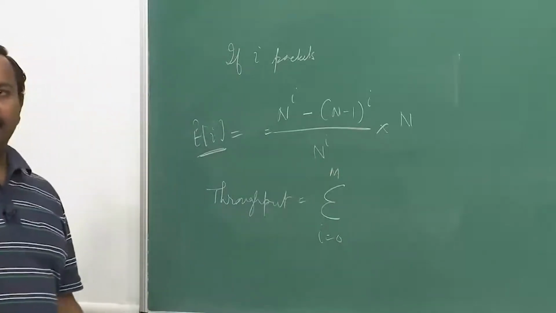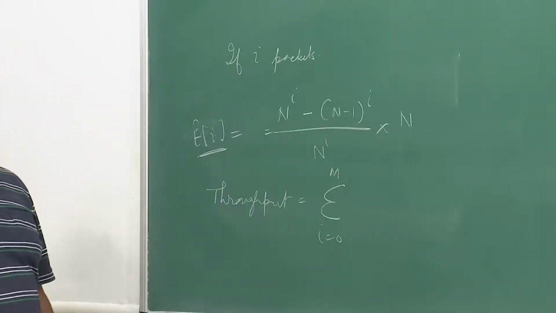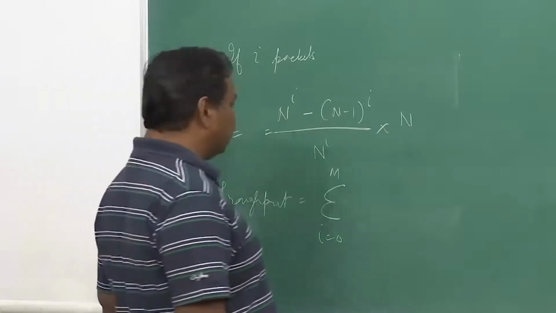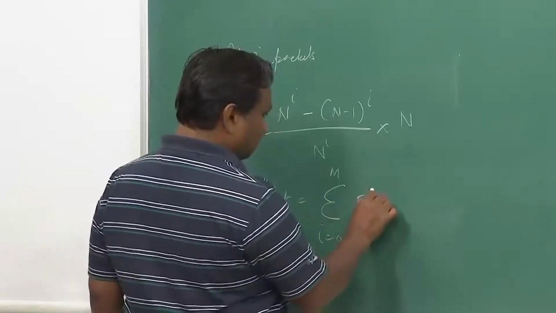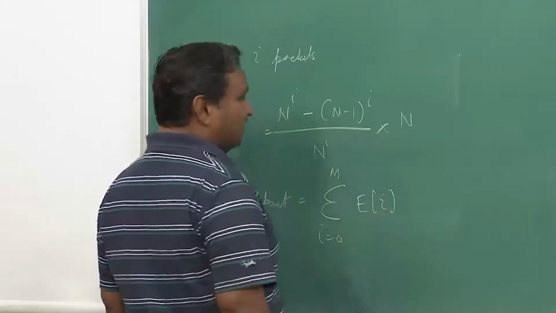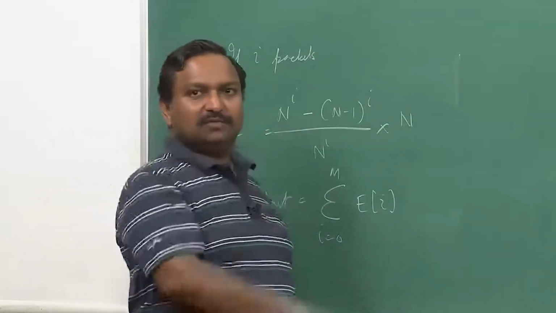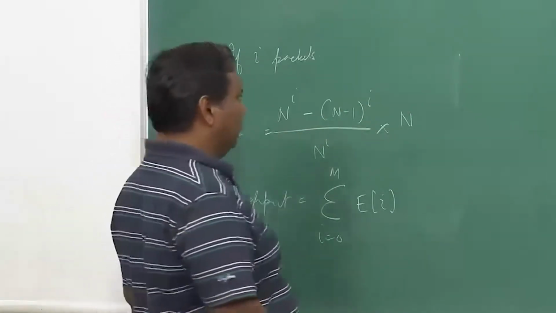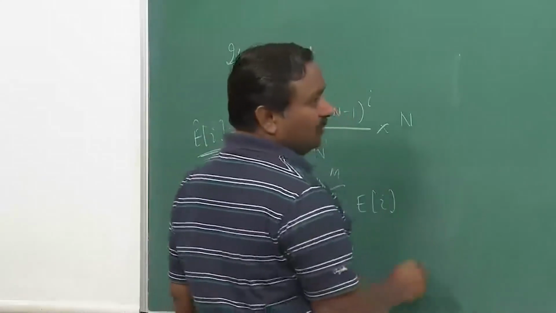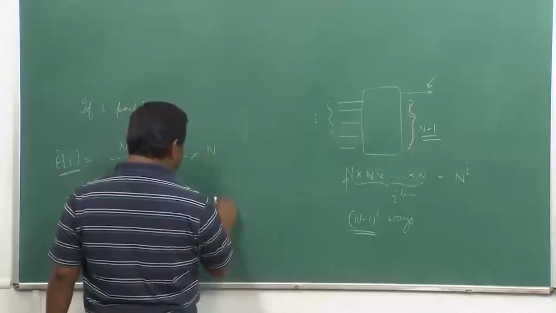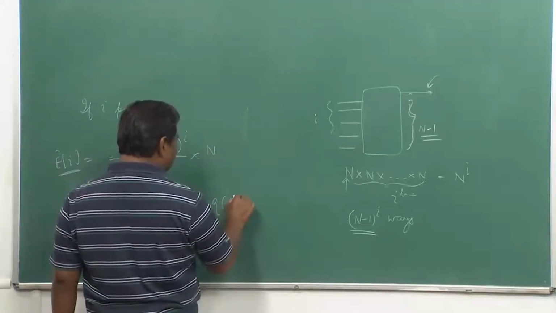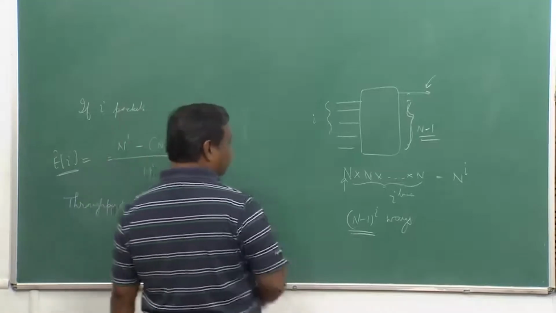Minimum 0 packets can come in and the maximum number of m can arrive in a time slot. This is the expected number of packets which will be successfully passing through to the output, and the probability that you are going to have I packets arriving. So, we need to solve this.